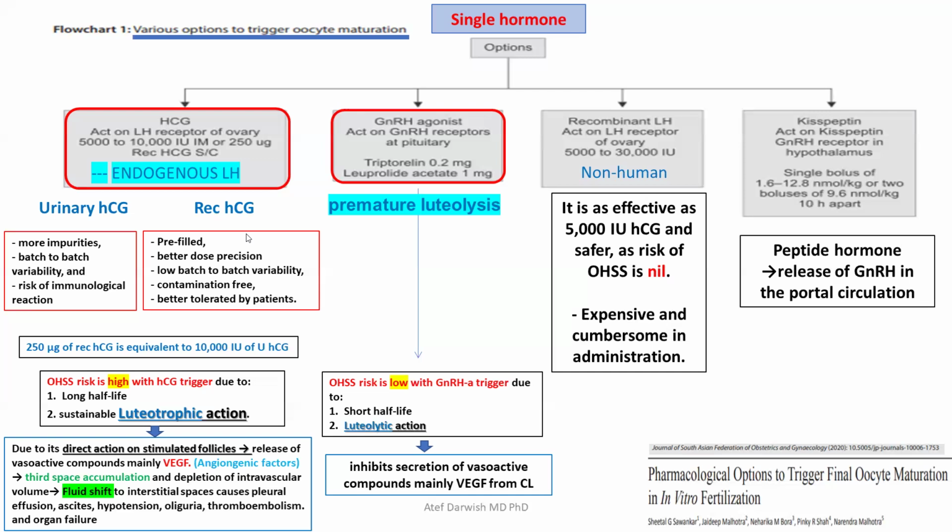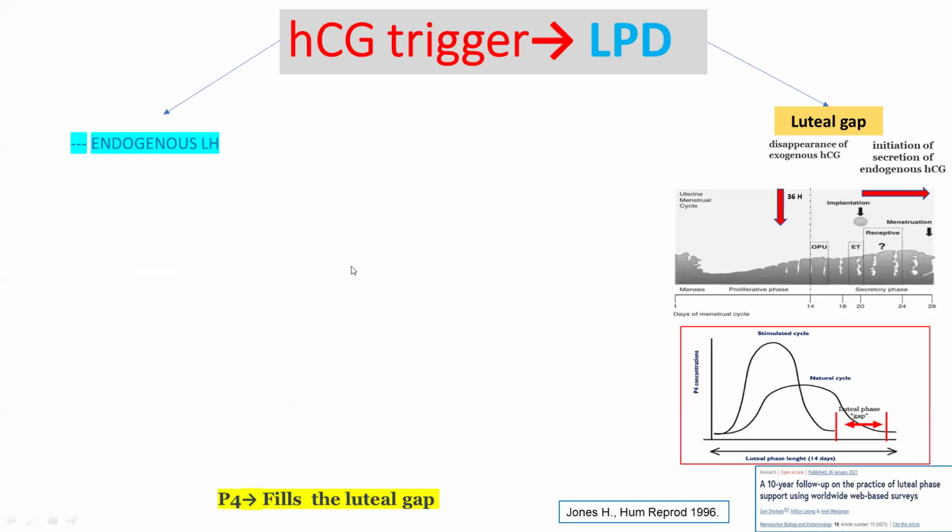So these triggers can lead to luteal phase defect. HCG can lead to luteal phase defect by inhibition of the endogenous LH and the luteal gap, as I told you, which is the gap of time in the stimulated cycle between the exogenous HCG and endogenous HCG.